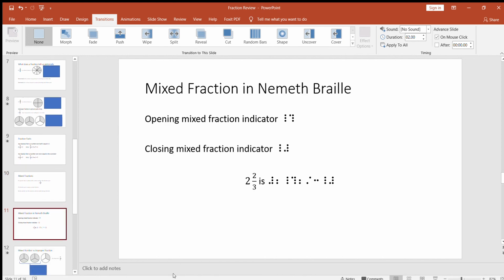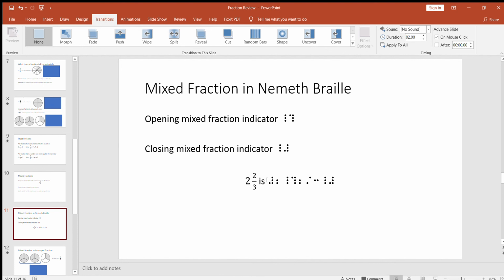Now, mixed fractions are also in Nemeth Braille. So we have an opening mixed fraction indicator and a closing mixed fraction indicator, as shown in this symbol. So let's take the previous example, 2 and 2/3.